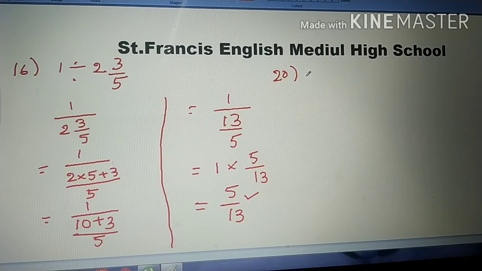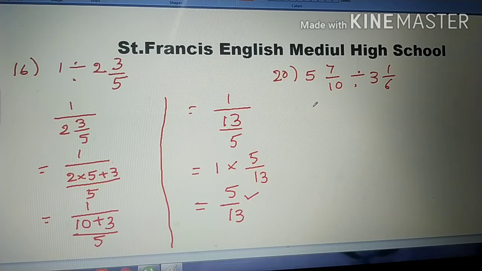So what is that one? 20th problem. 5 7 by 10 is divided by 3 1 by 6. Now both are in mixed fractions only, in the numerator and in the denominator. So if you want to do that individually, do that one, otherwise do directly.